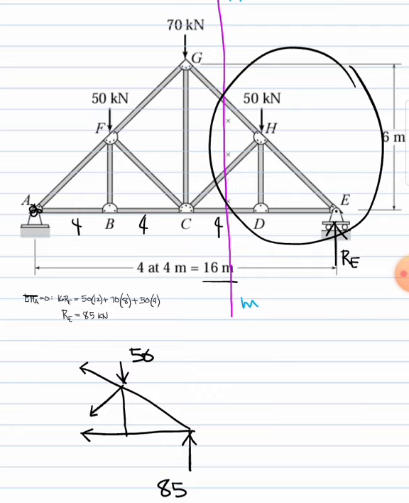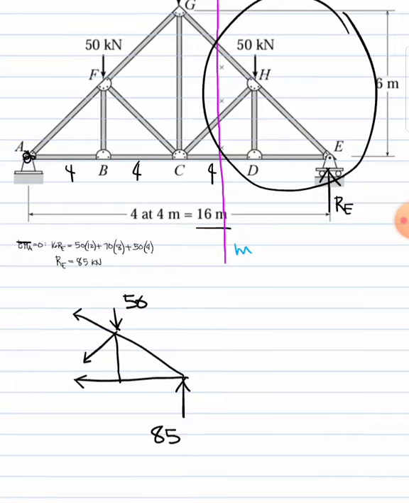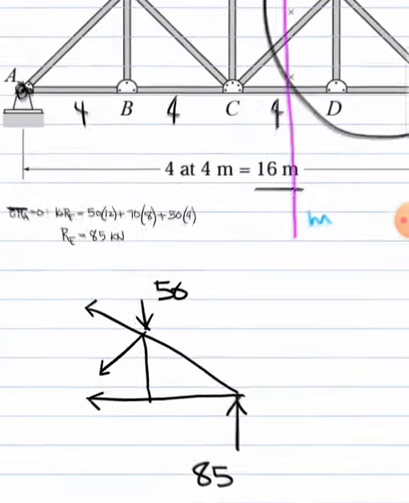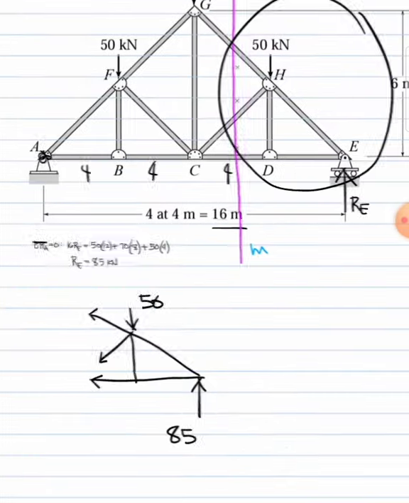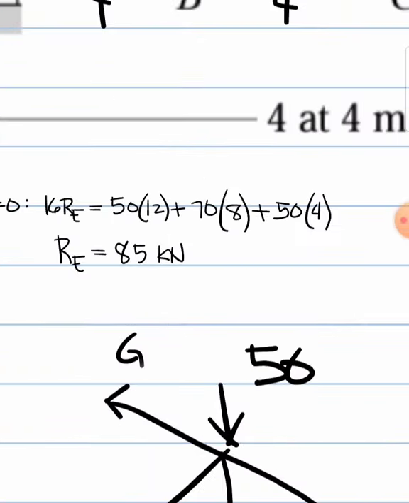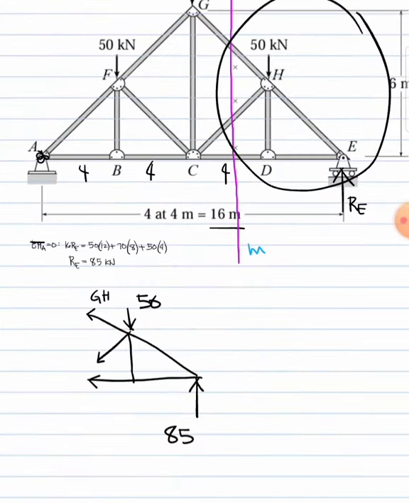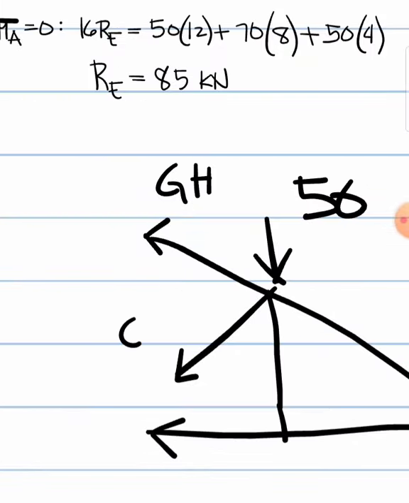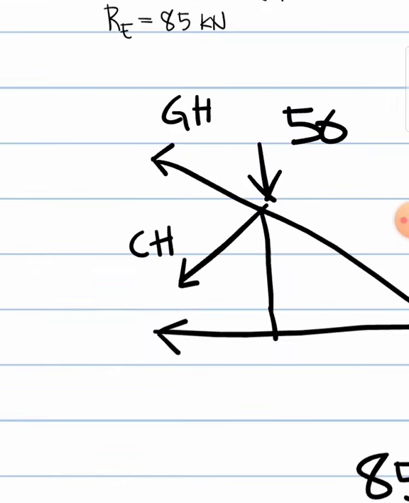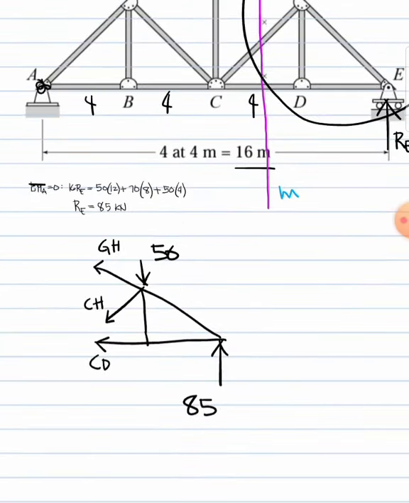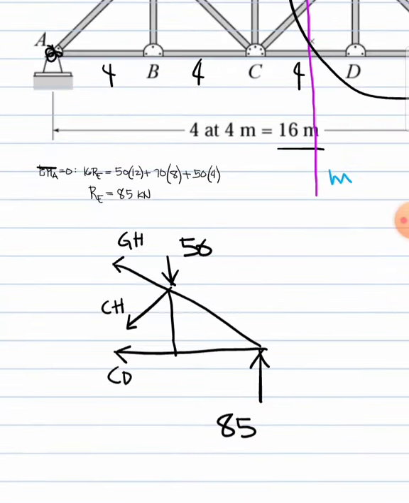So what's the next step? Whenever you have diagonal forces, like this one here, this is GH, and below is CH. These two are diagonals, so automatically they have vertical and horizontal components. While CD, since it is only horizontal, has no vertical component.